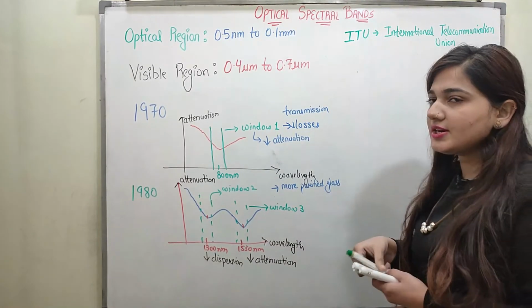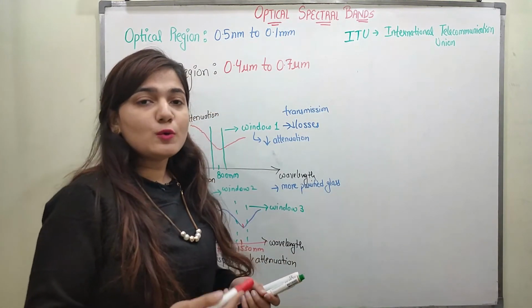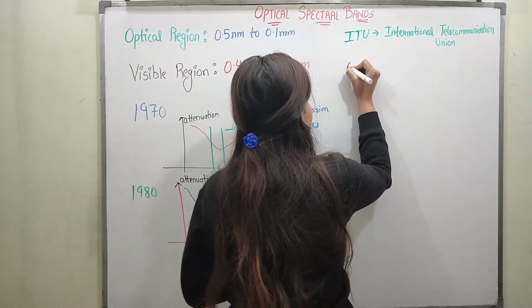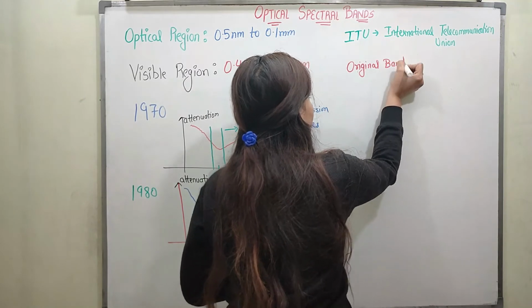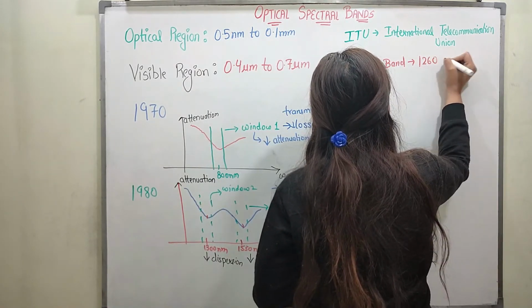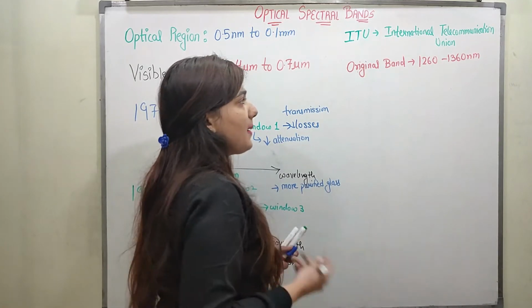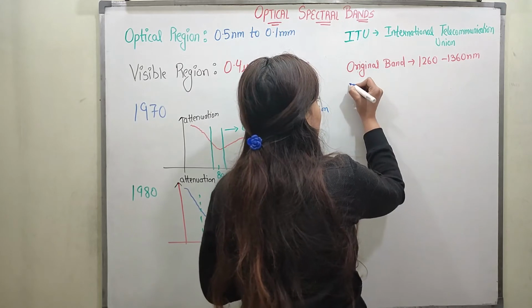The International Telecommunication Union specified 6 bands over which we can do our optical communication. The first band is the original band, which has the range 1260 to 1360 nanometer.